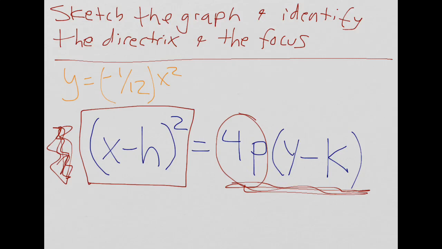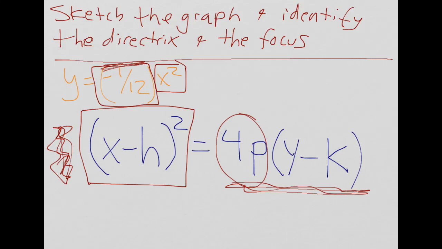So if you look at this equation, notice our x squared term is on the right, but so is that coefficient. So you should be thinking, how do I move that coefficient, that negative 1/12, to the other side? And then once I've done that, how do I figure out my p-value? Because you need your p-value to know how far away your focus and your directrix are from the vertex.